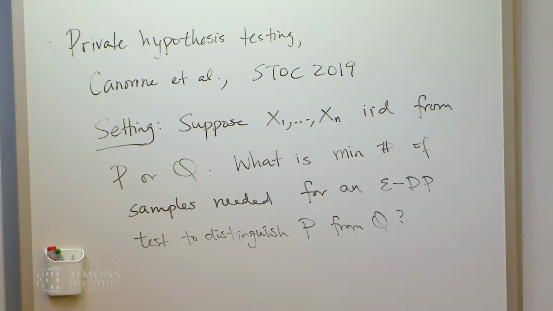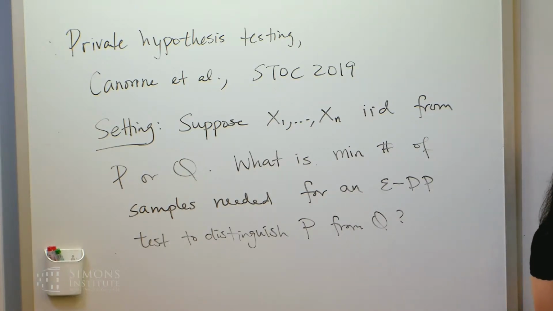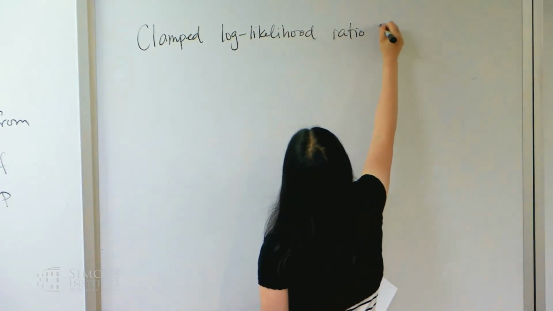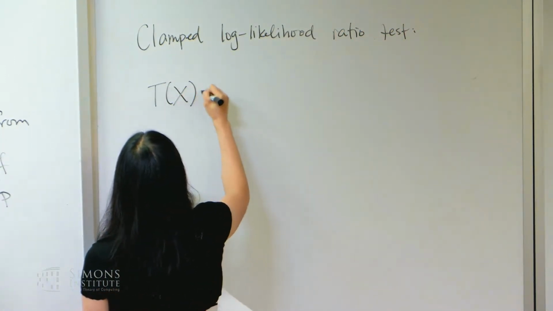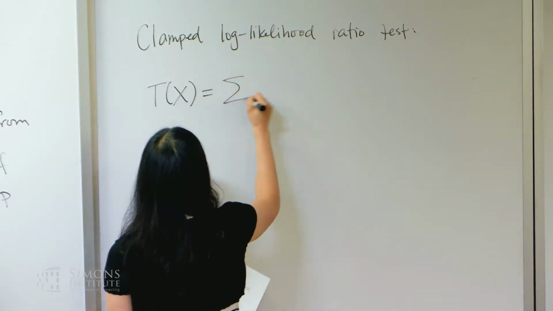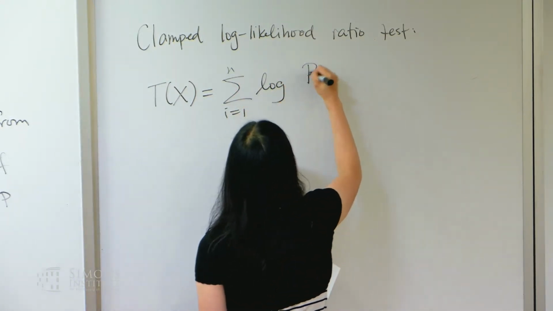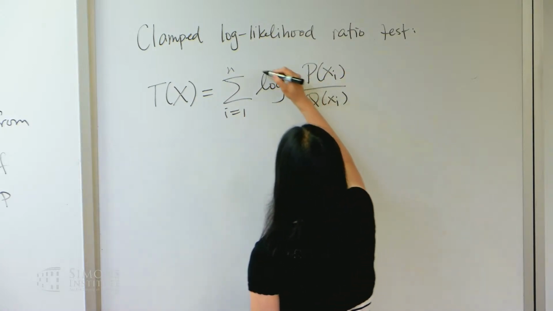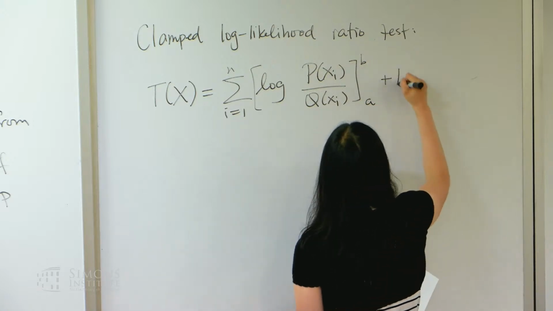And one of them, which is optimal up to constant factors, is their so-called clamped log likelihood ratio test, where they look at the test statistic T(x), the sum over i from 1 to n of log of p(xi) over q(xi), then you truncate it between a and b, and you add some Laplace noise.